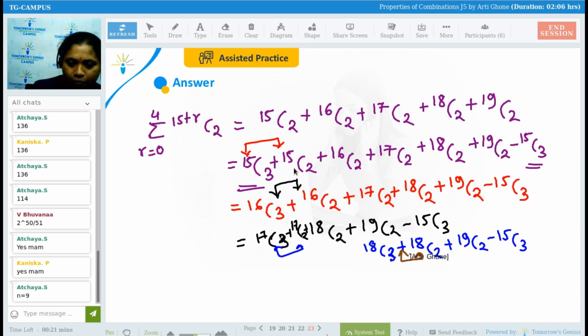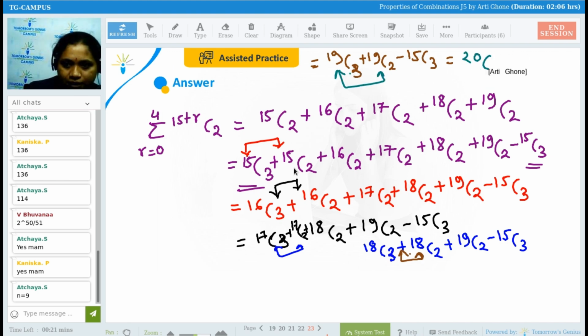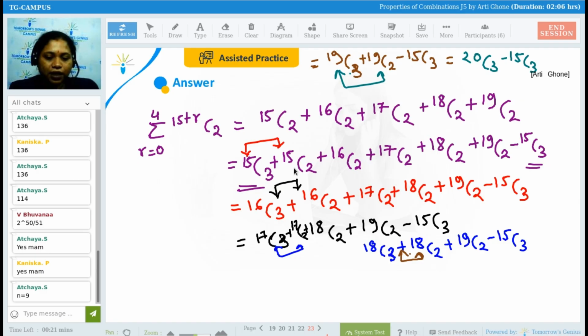The same property can be applicable. 18C3 and 18C2 convert to 19C3 plus 19C2, and then minus 15C3. So finally we can use this property between these two. The last one is nothing but 20C3 minus 15C3. Clear? Do the subtraction of values and tell me the final value.